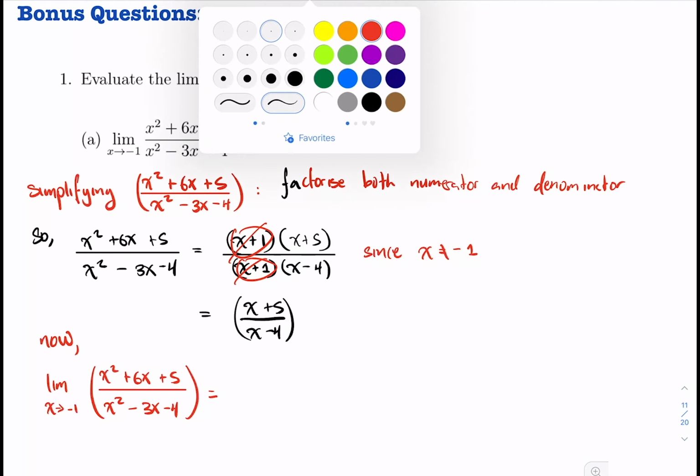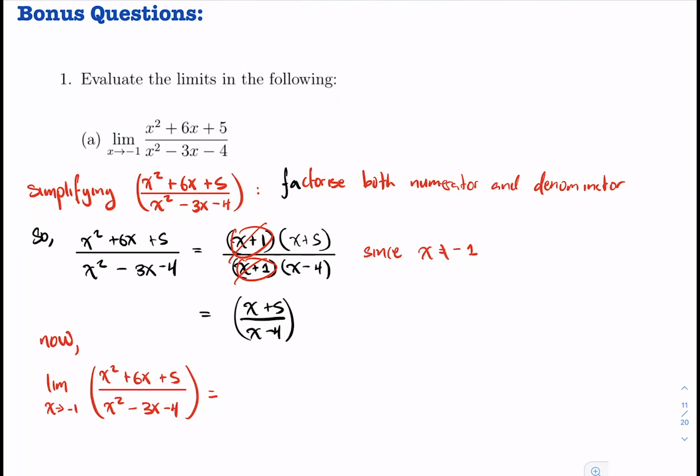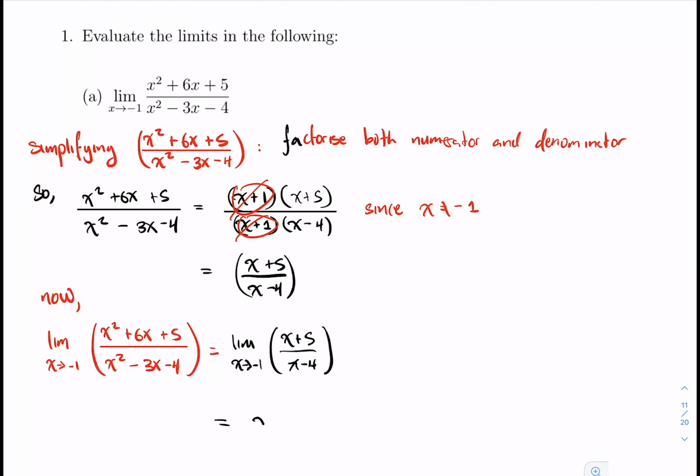Now we can turn to our limit: the limit as x approaches -1 of that expression is equal to the limit as x approaches -1 of x plus 5 over x minus 4, which is the same as evaluating x plus 5 over x minus 4 at x equals -1.